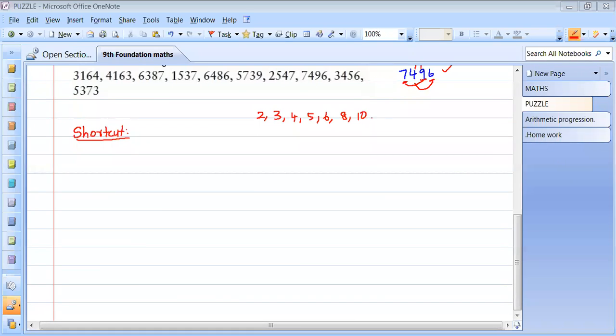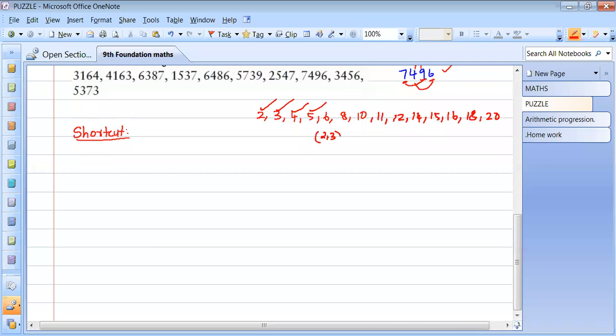So you know the divisibility rule for 2, 3, 4, 5, 6, 8, 10, 11, 12, 14, 15, 16, 18 and 20. This one you already studied. 3, 4, 5 you know. 6 means 2 and 3.